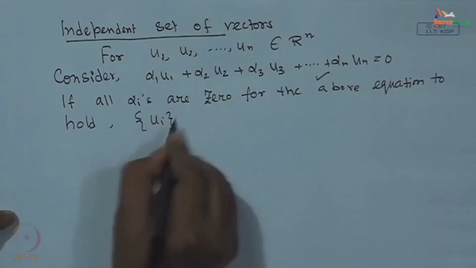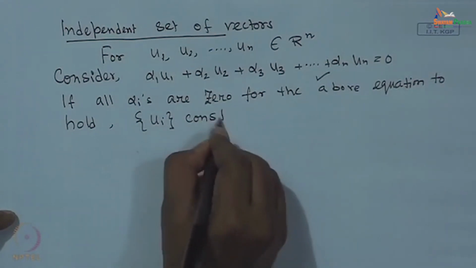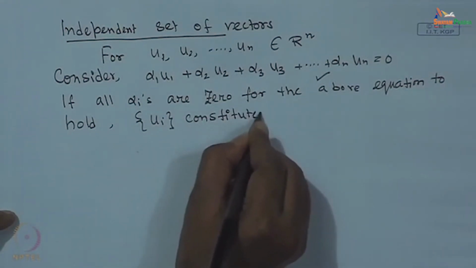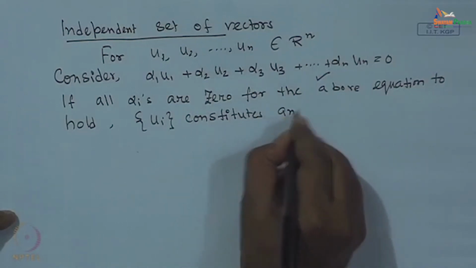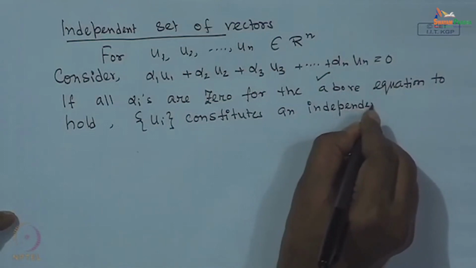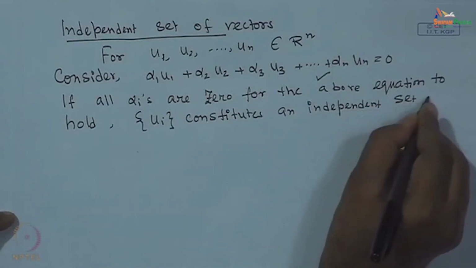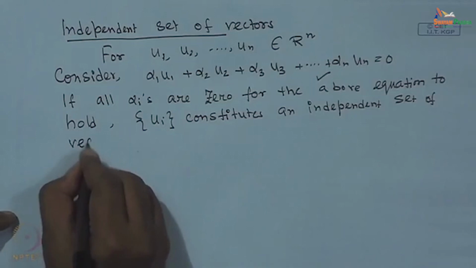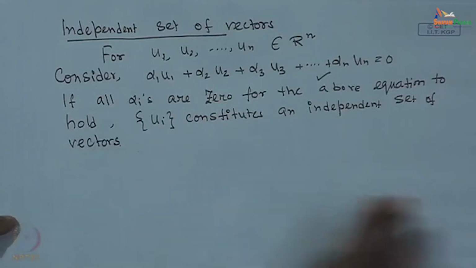ui constitutes an independent set of vectors.